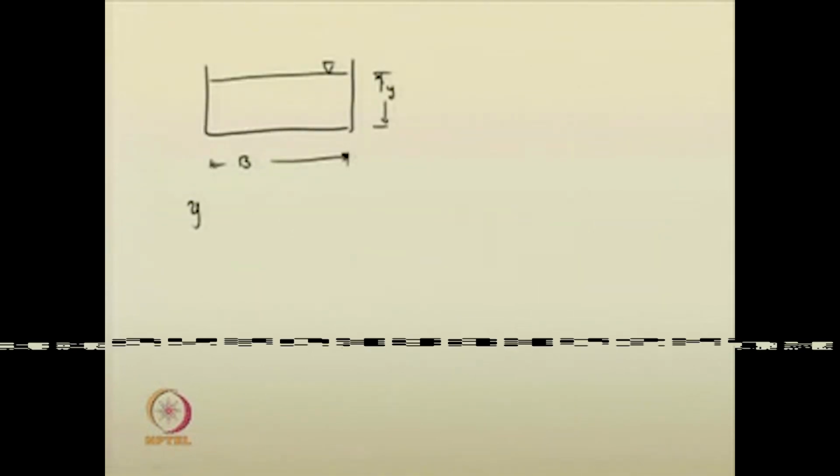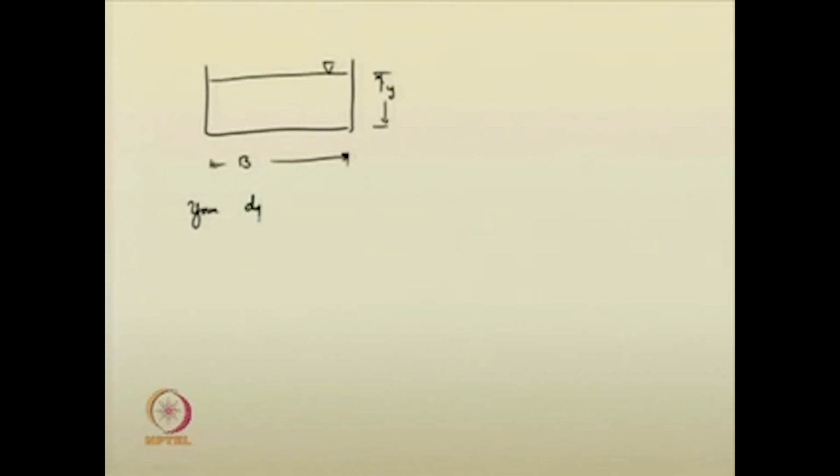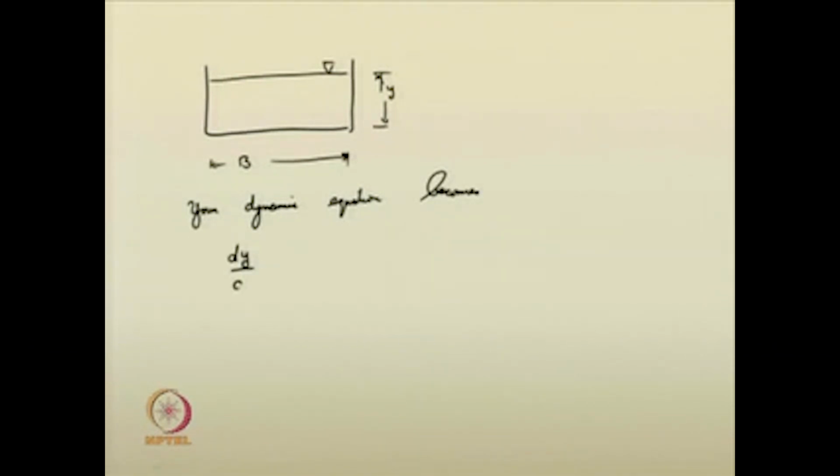Therefore, your dynamic equation now becomes dy/dx equal to, with both S_0 and S_f zero, minus 2... I am just taking the common form. Is it sufficient? Common form of the thing.